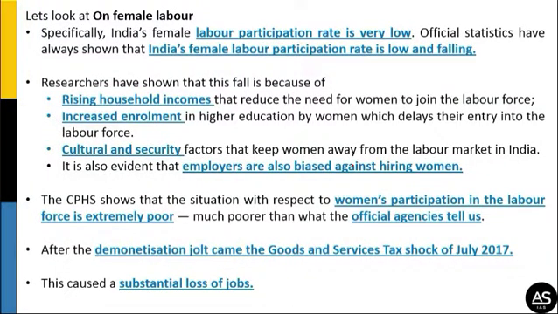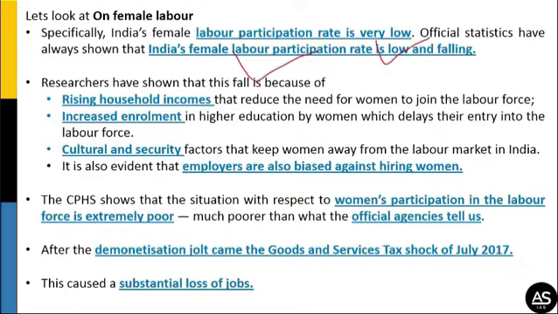Now look at the female position in the employment rate. India's female labor participation is quite low, even from the historical point of view. Statistics have always shown that the Indian female labor participation rate is quite low, and it is also falling day by day.